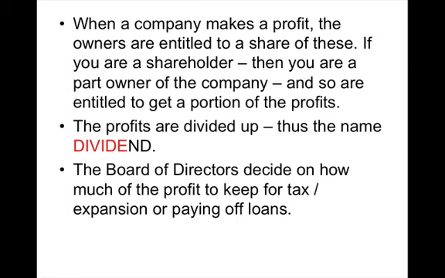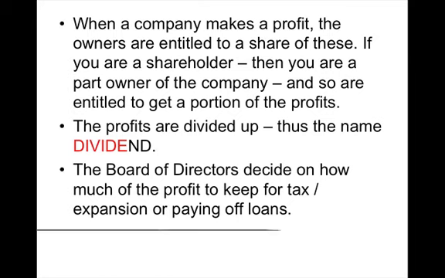So they've got to make a decision: do they pay a whole lot out to the shareholders and reduce the buffer that they have, or do they keep on developing and developing? There's a fine line between sharing the money with the shareholders, and also making sure that the company is in a financial position that's very sound.